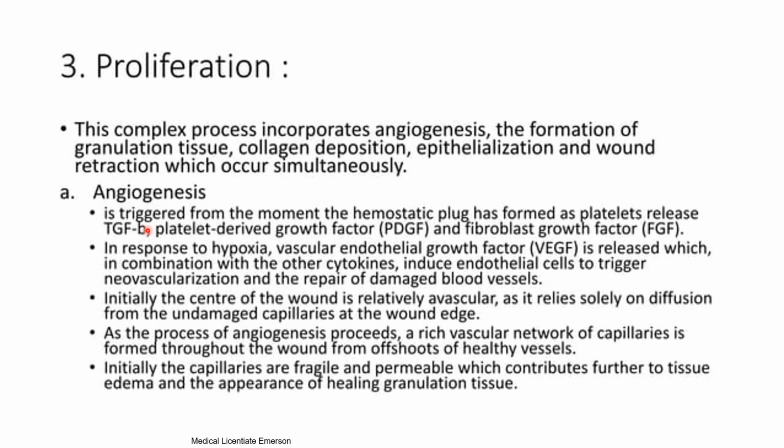Under proliferation, number one process is angiogenesis. We all know that it is triggered from the moment the hemostatic plug has formed, as the platelets released TGF beta and platelet derived growth factors and fibroblast growth factors as well.